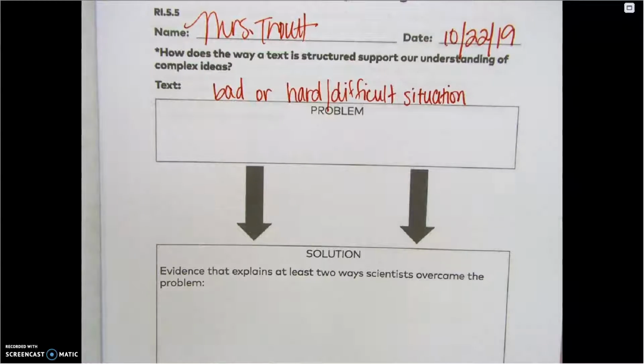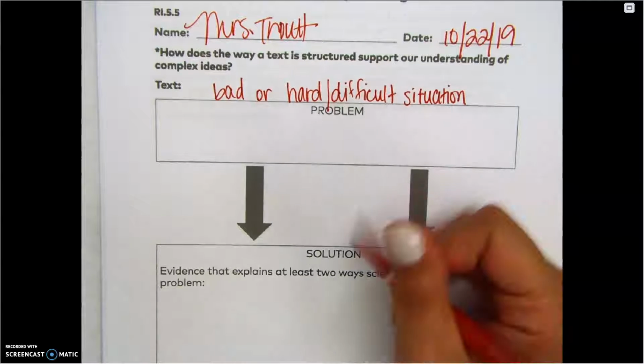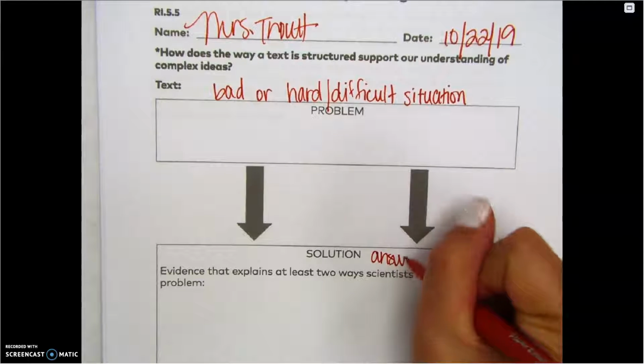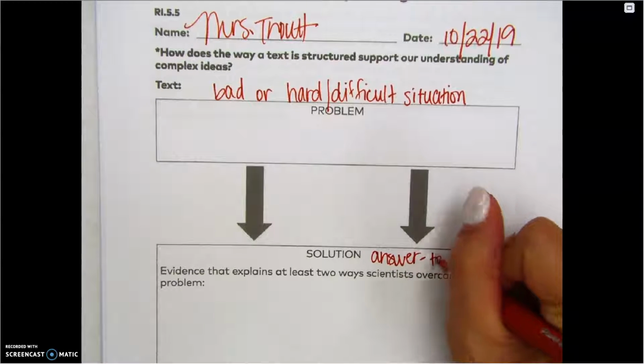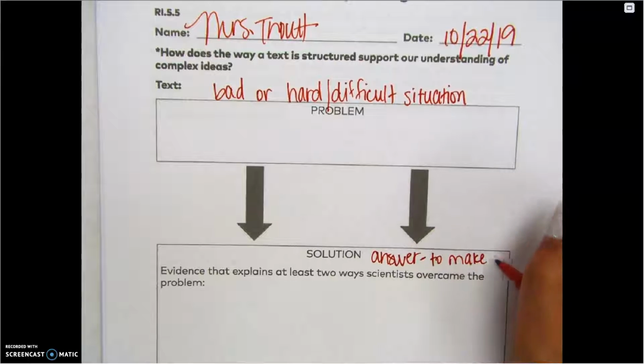If a problem is something that is hard or something bad, yeah, it is a conflict, what would the solution give us? The answer. So an answer to make things a lot what? Easier. A lot easier.